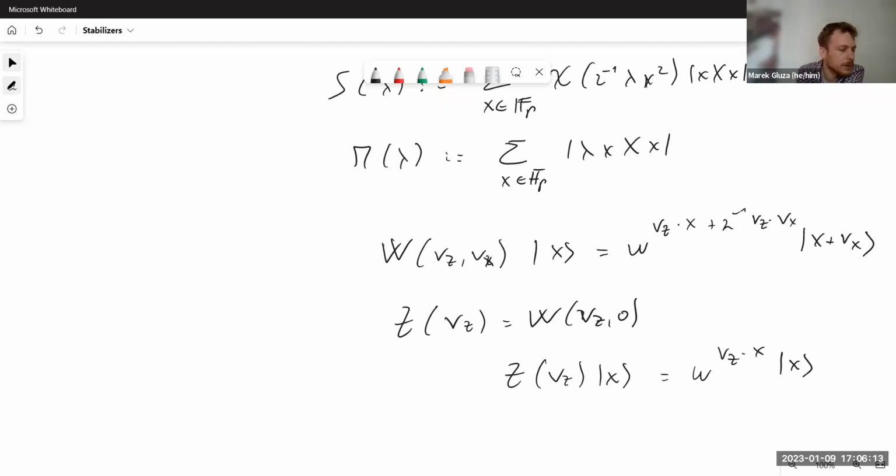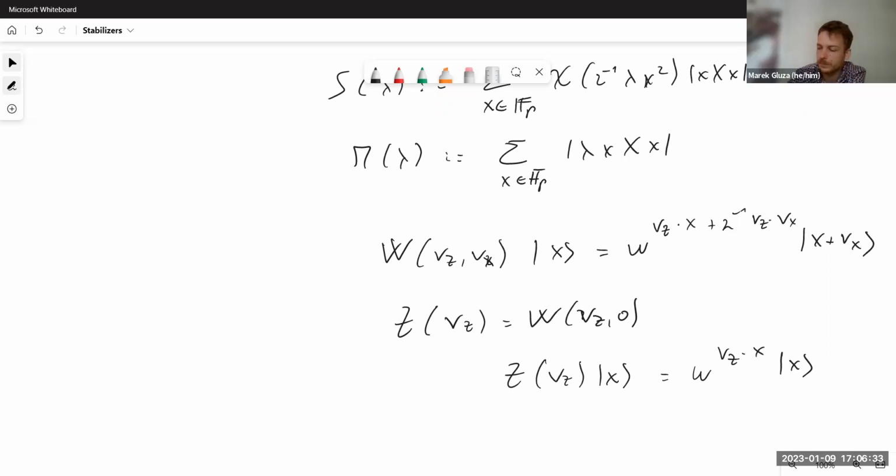So you were writing this down for the Heisenberg group, but here it's more like without this T added. Yeah, you forget about the T. Put T to 0, yeah.